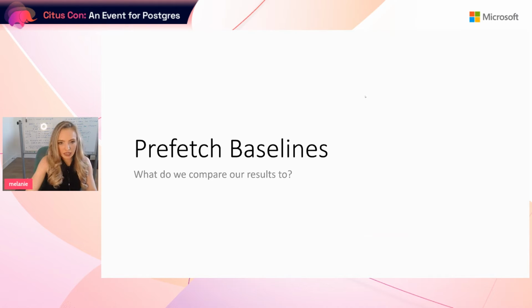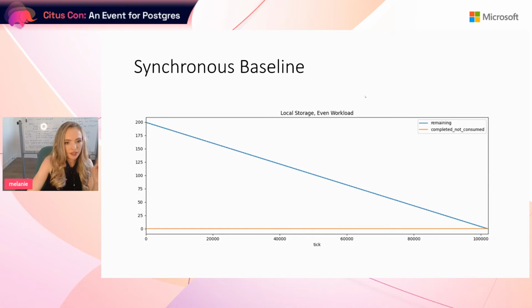So what's a baseline here? There are two ends to the spectrum, and on one end is completely synchronous. A consumer requests an IO, and at that point it's a demand miss. The database goes and makes a syscall and requests it. You can see here that in this case the volume of IOs that was going to be fetched was 200.